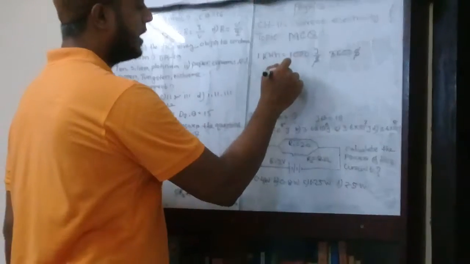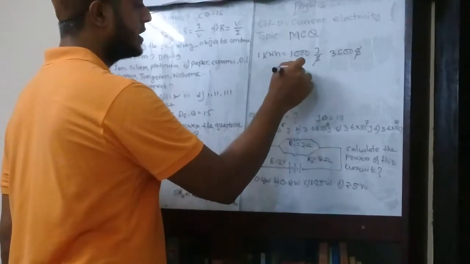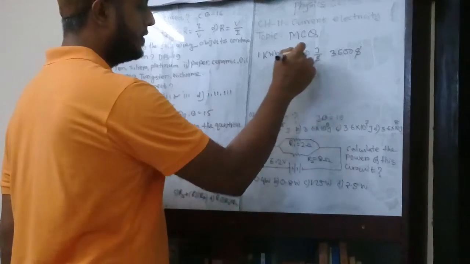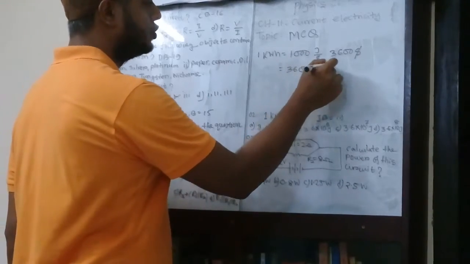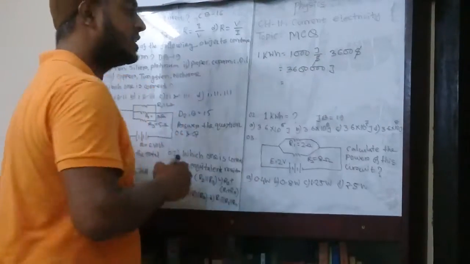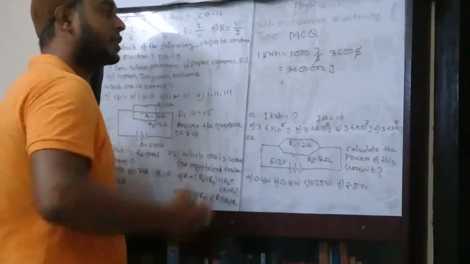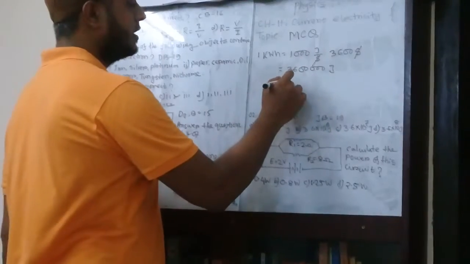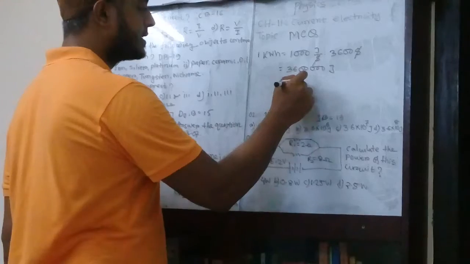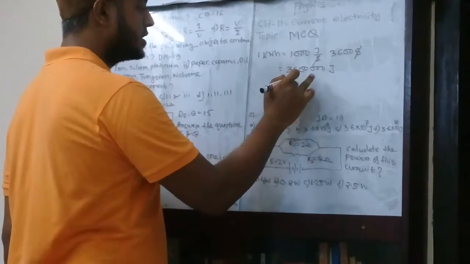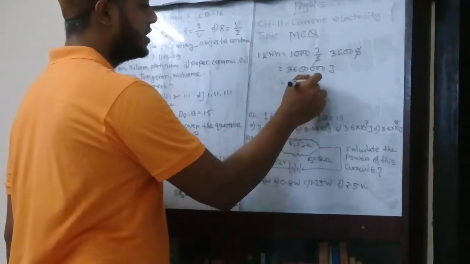So the total is 3600 and then 000 joule. If you convert this number into scientific notation, then you see this becomes 3.6 into 10 to the power.